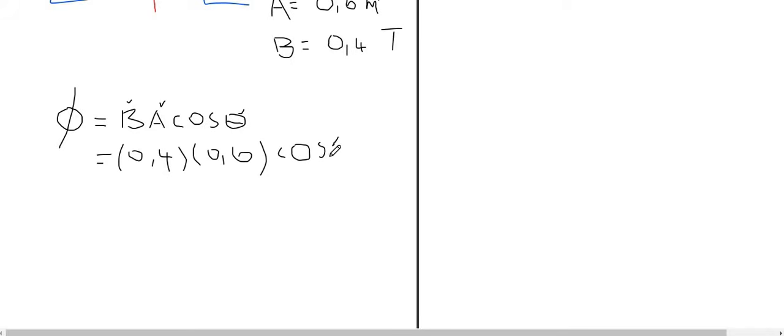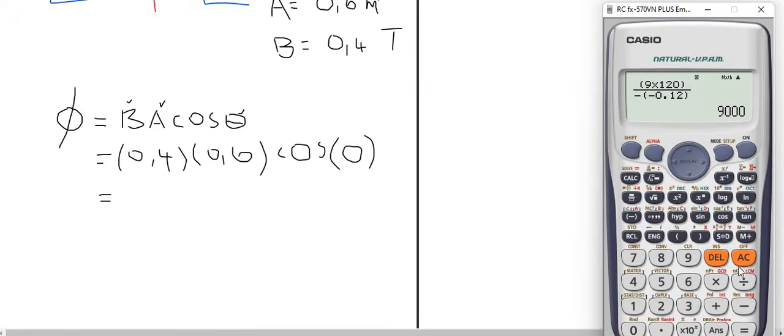If you remember in mathematics, the cos of 0, how much is that? The cos of 0 is 1. Hence, you are just left with 0.4 multiplied by 0.6. If you don't believe me, you can just input the entire thing in your calculator.